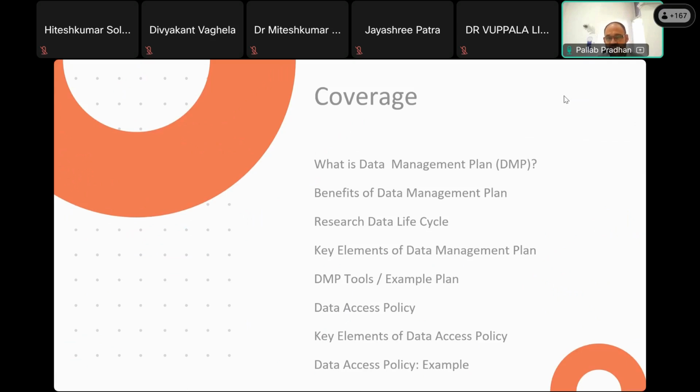What are the key elements that should be there in a DMP, and what are the DMP tools available, or examples available in the market or from providers? And then what are the data access policies, like the ICSR data service, which have their own as per their institutional and organizational needs, and what are the key elements of a data access policy?